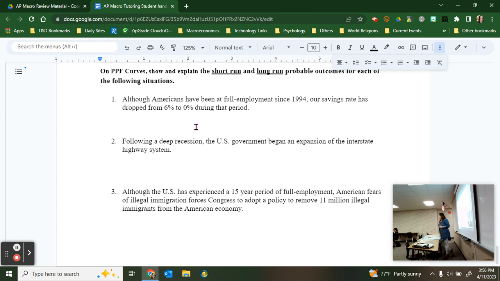Whether they're legal or illegal immigrants or natural born citizens, they are labor. And if you get rid of labor, you get rid of productivity. So in the short run, we're just there, fully employed. It doesn't really affect production in the short run because there's no movement change here. But in the long run, there's going to be less labor, and so there's going to be less production. And the PPF curve will shift inwards.